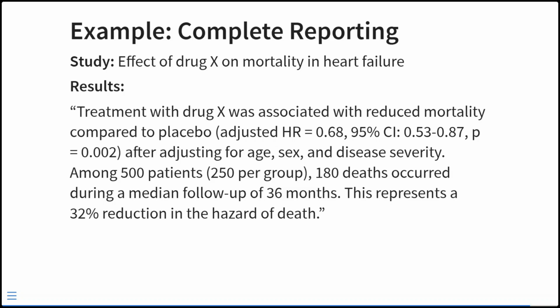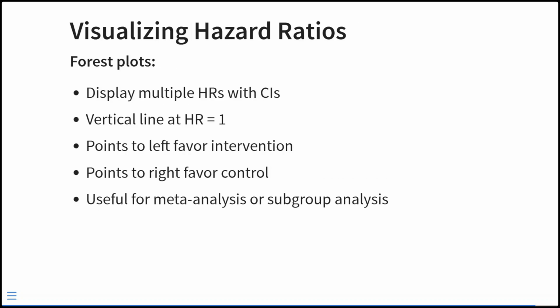You can also say that the hazard of those that took drug X is 32% lower than those that took the placebo, any way that you choose to interpret it. So the confidence interval is 0.53 to 0.87, and the p-value is 0.002 after adjusting for age, sex, and disease severity. So among 500 patients, we have 250 per group. 180 deaths occurred during a median follow-up of 36 months, which represents a 32% reduction in the hazard of death.